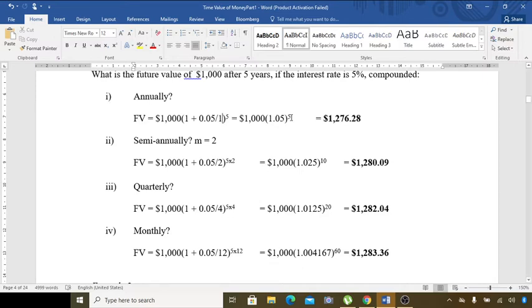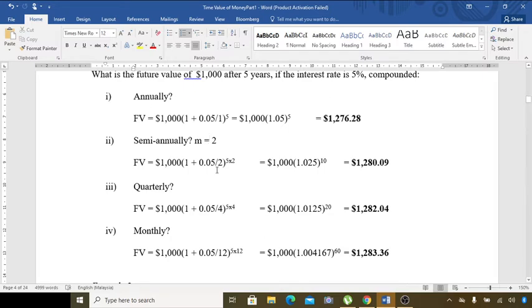You just have to know how to do the power of. So you click on the inverse button in your calculator, and make sure that you do it in one row. 1,000 times 1.05 to the power of 5. So it becomes 1276.28.